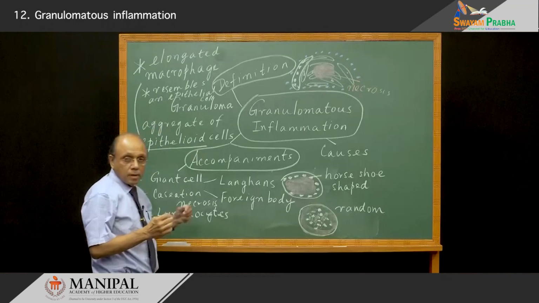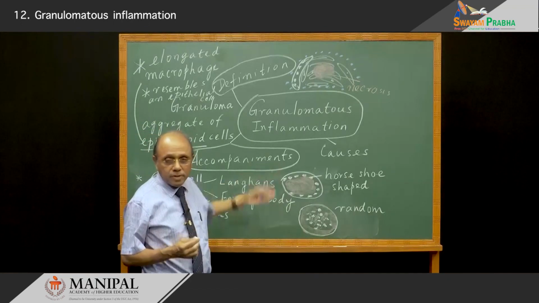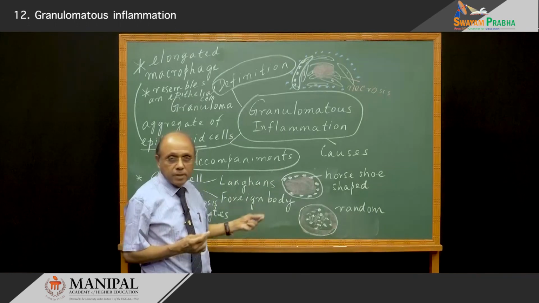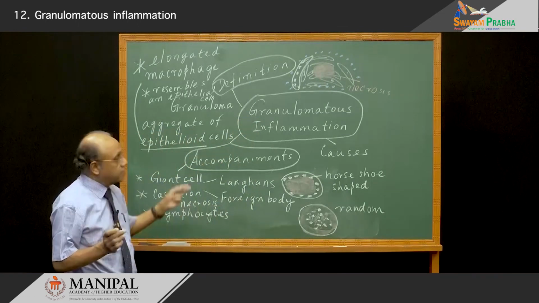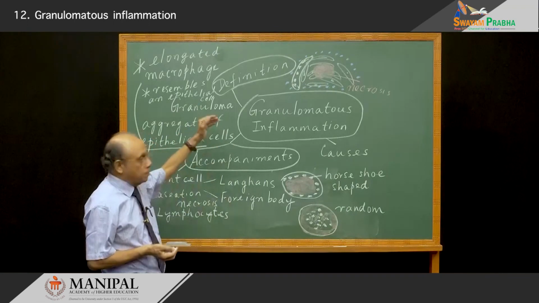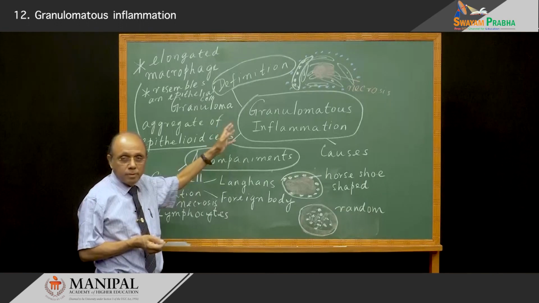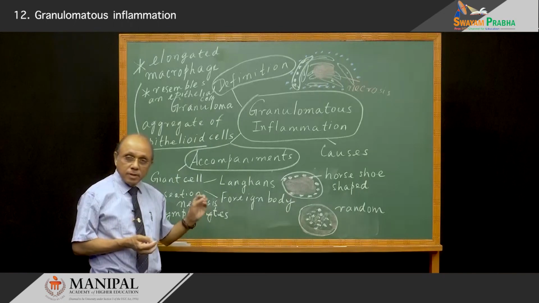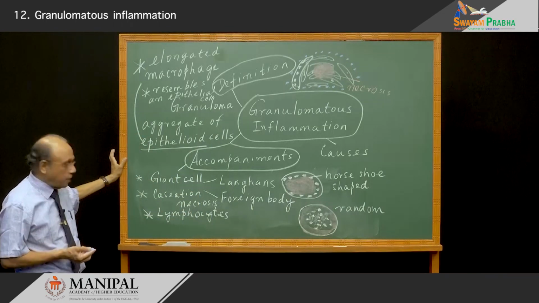It is the response of the body to whatever is the causative agent for the granuloma. So, it is the presence of the lymphocytes, usually at the periphery, that seems to complete the picture of a granuloma. It is a usual accompaniment of granuloma.